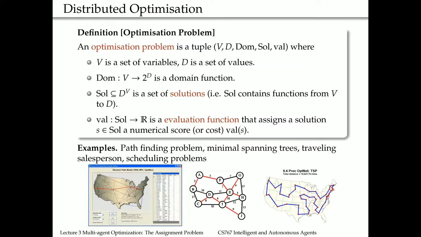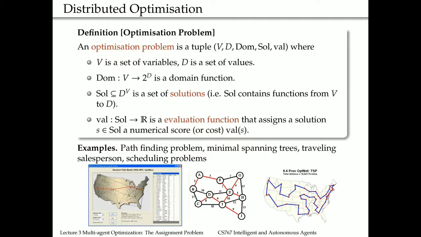So formally, how do I define an optimization problem? Just like the constraint satisfaction problem, it consists of a set of variables, V, a set of values, and the domain function defined for each variable. And then, just like in the constraint satisfaction problem as well, the solutions are functions that assign the variables to values in the domain.